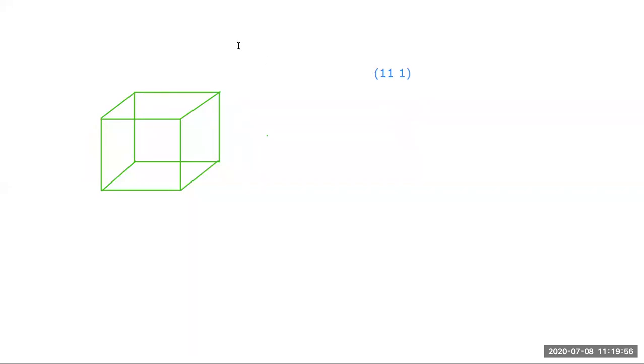Our origin is at this point. Then indicate the axes. This is our x-axis, y-axis, and z-axis.